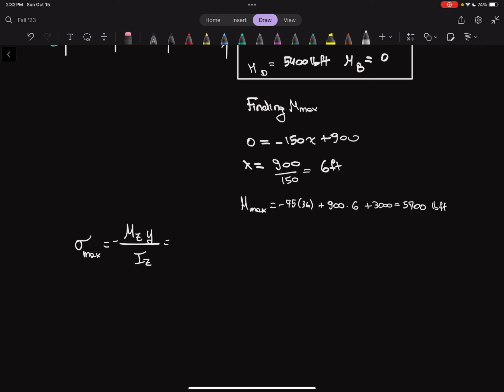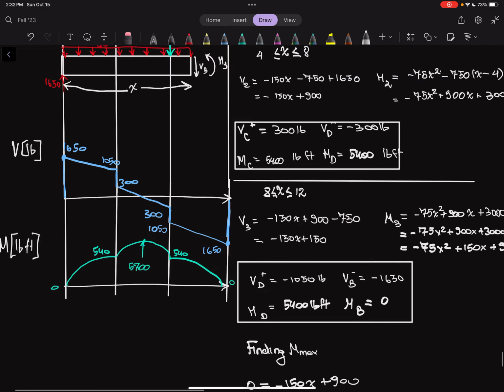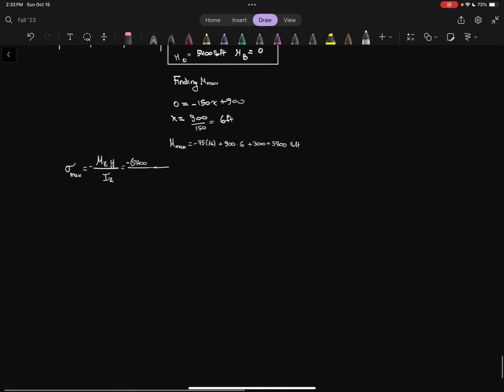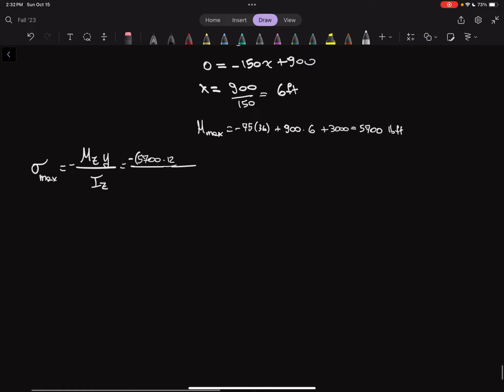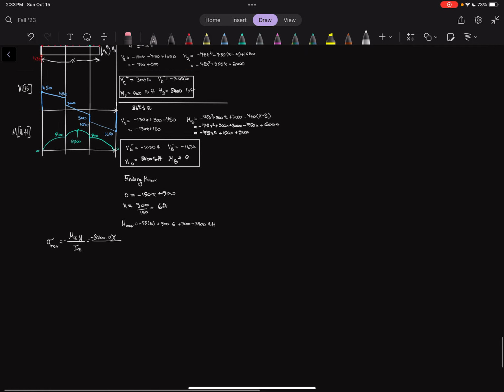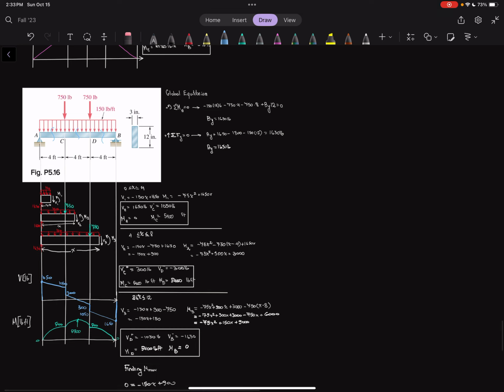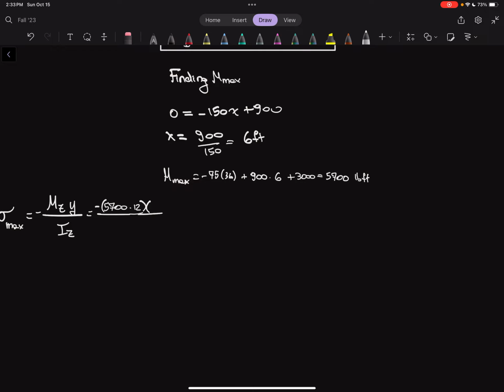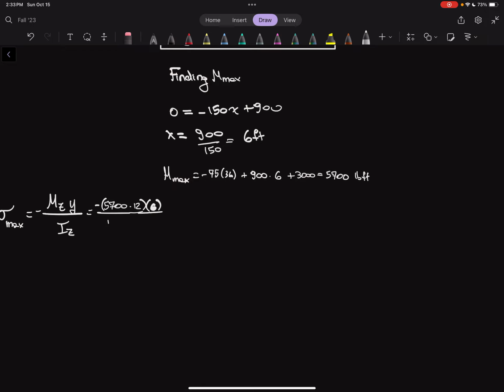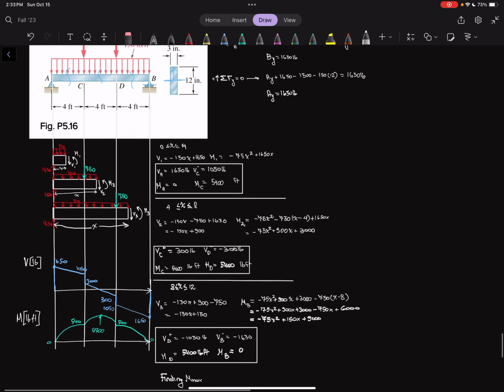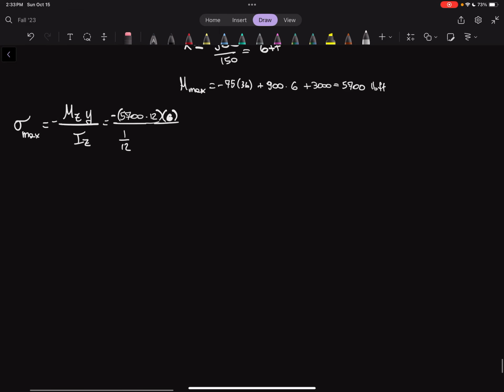Well, we found 5,700, and this is in pound feet. So we've got to convert it to inches, right? Because the cross section is in inches, times 12 inches in a foot, times the distance to the max, which is halfway of 12, which is 6 inches. So times 6 inches divided by 1 over 12. The base is 3, the height is 12, 3 times 12 to the third.